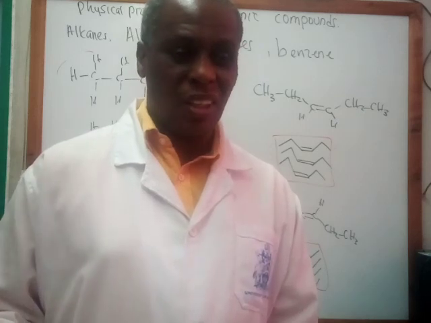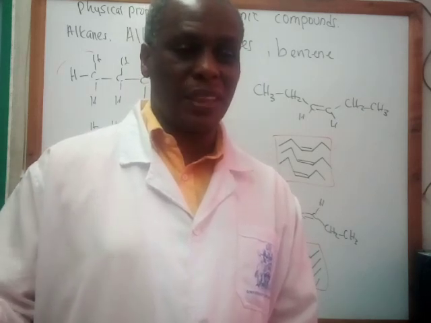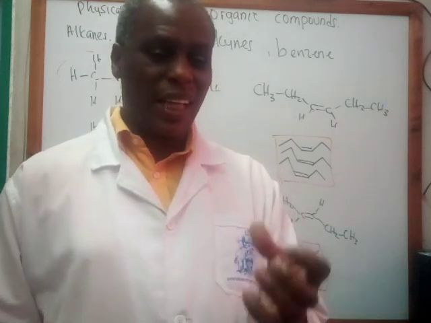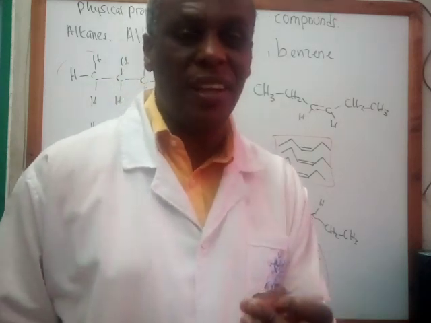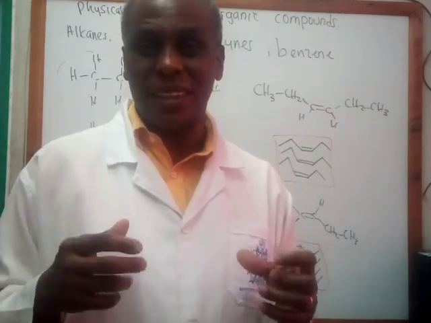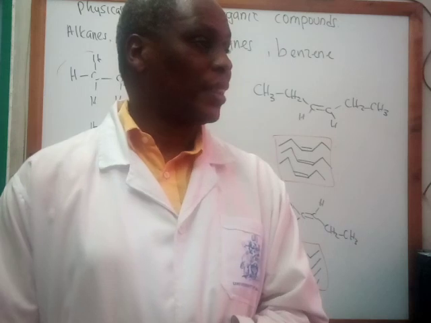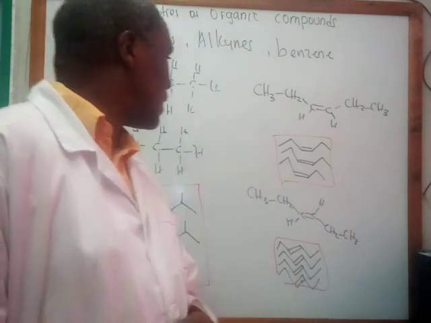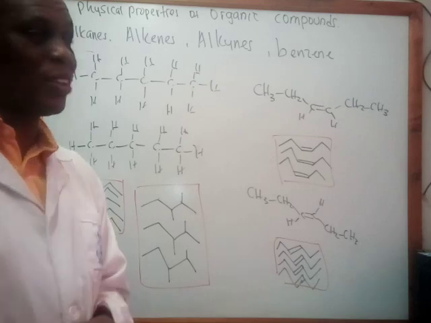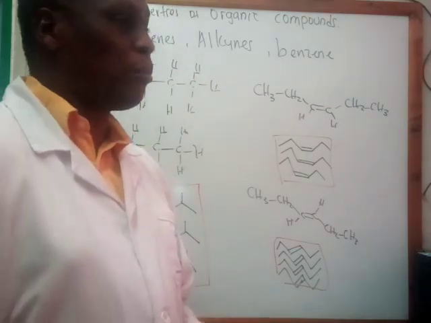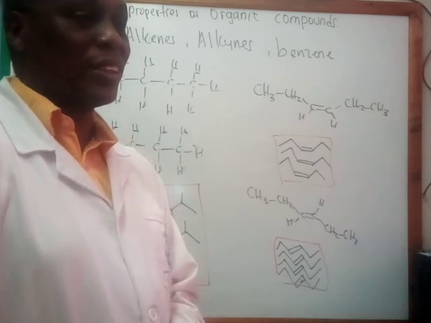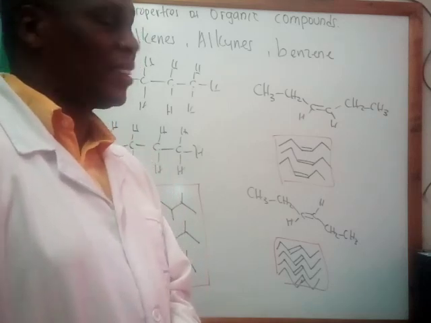You're going to see that for something like water, or maybe alcohol and carboxylic acid, you can have a small molecule with maybe even one carbon atom, but the melting point and the boiling point is very high because of the intermolecular forces. But for these other ones, alkanes, alkenes, alkynes, and benzene compounds, the melting and the boiling point is fairly low because of the intermolecular forces that exist in those structures.